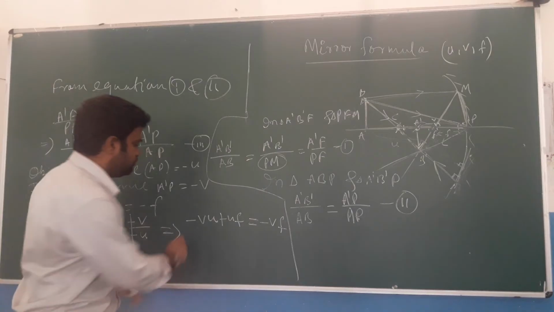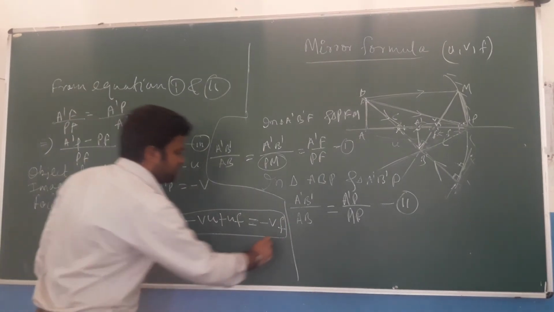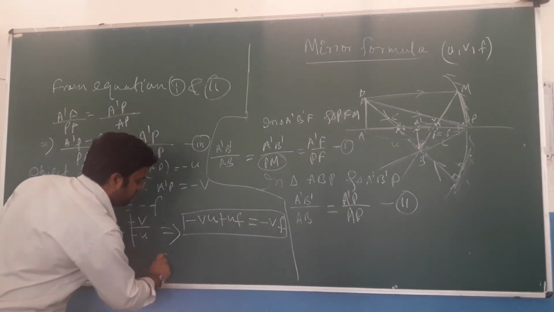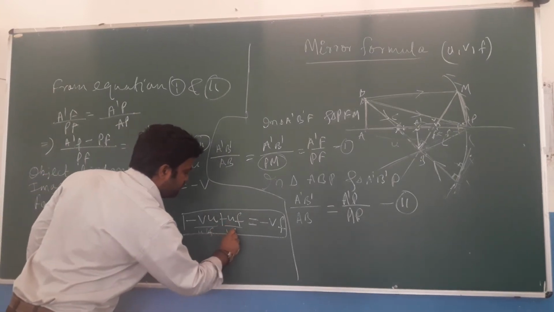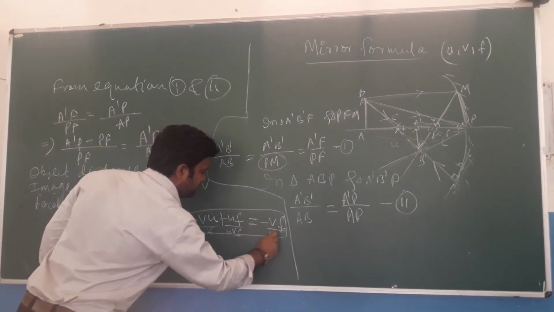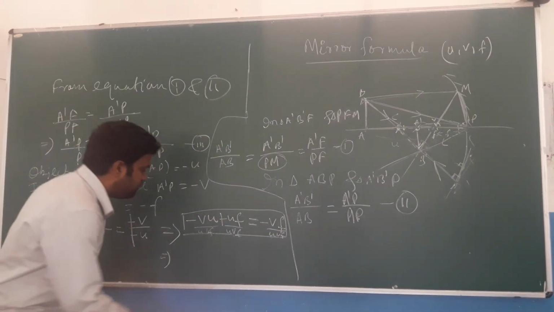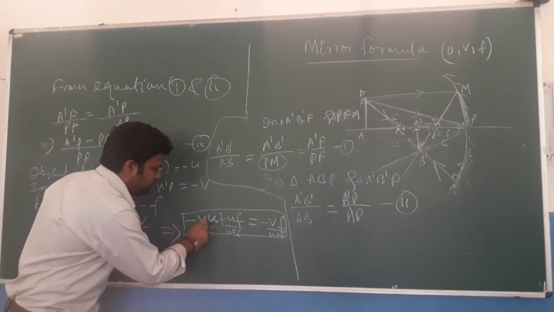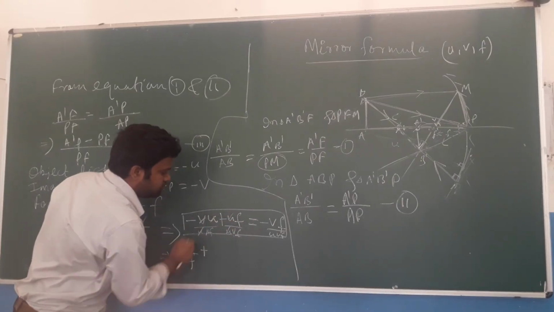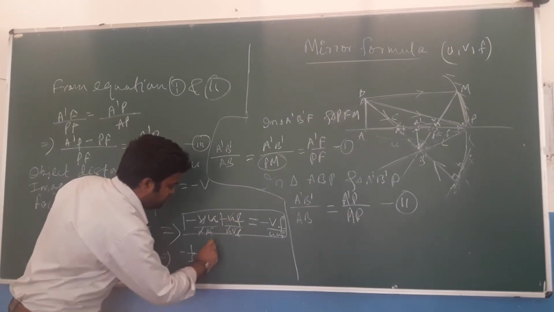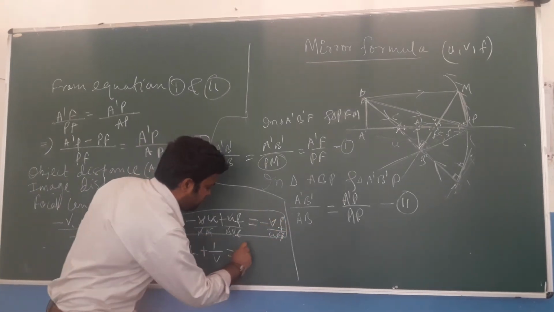Now what we'll do in this equation, we'll divide by uvf on both sides. Dividing both sides of the equation by uvf, u cancels out, v cancels out, so it will remain minus 1 by f plus, u cancels out and f cancels out, 1 by v is equal to, v cancels out, f cancels out, minus 1 by u.